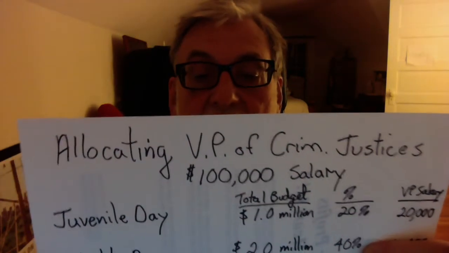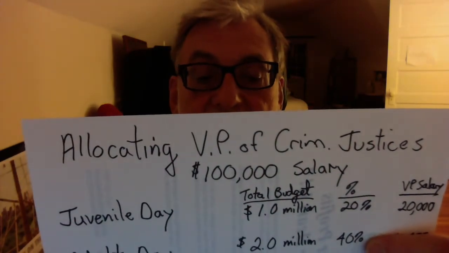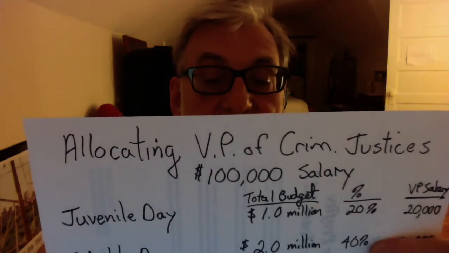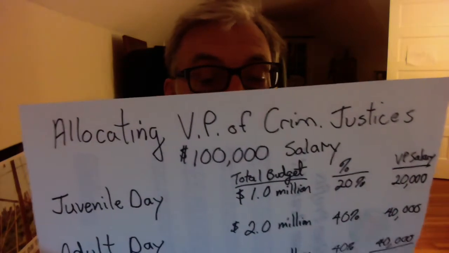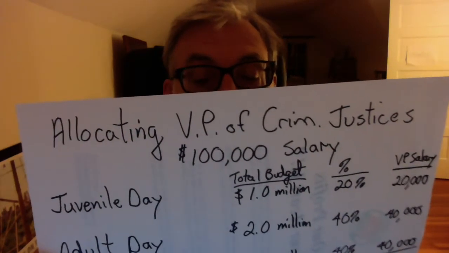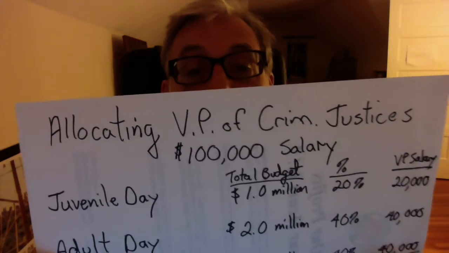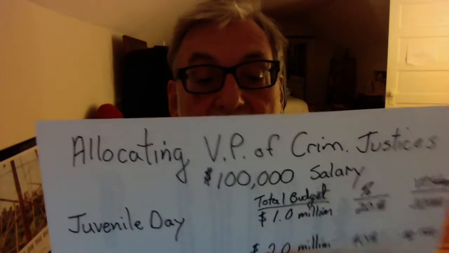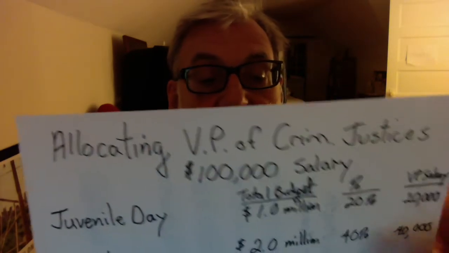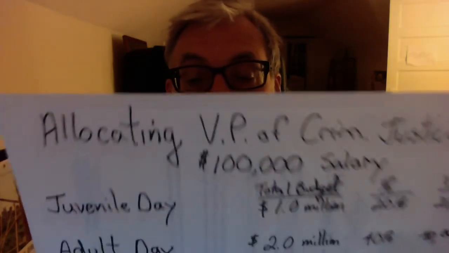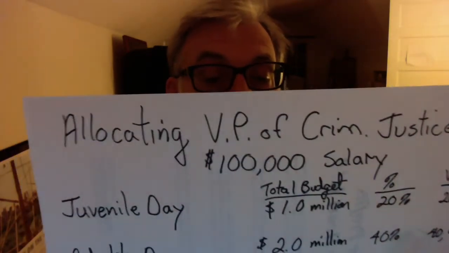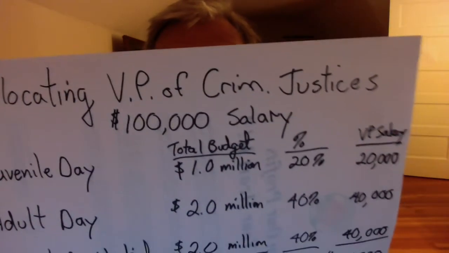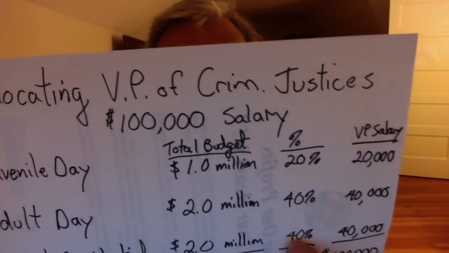Likewise, you can think about the relative size of the Adult Day Program's total budget to the total amount of contract dollars that the VP is responsible for. That comes out to be 40%, right? 2 million of 5 million is 40%. Same thing here. If you think about the Juvenile Residential Program, it is 2 million, and 2 million out of 5 million, which is the total, is another 40%.